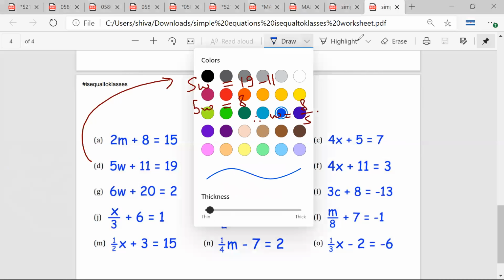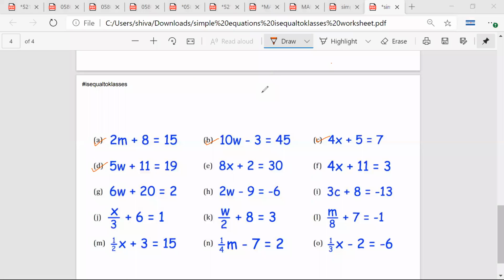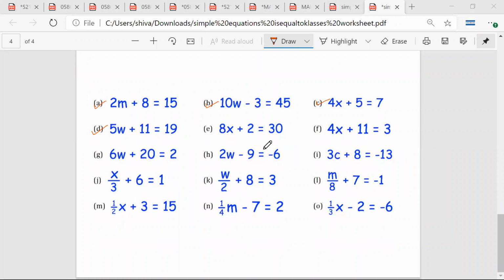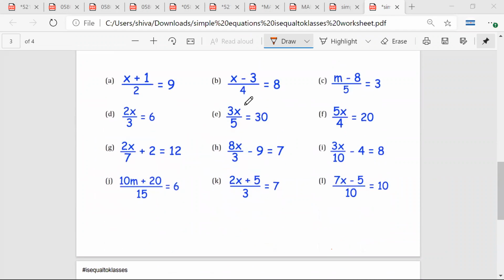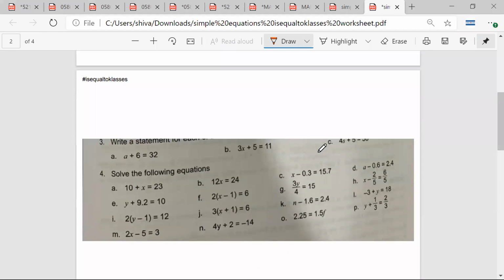So, see, equations is a very important topic. So I'll be sending you this sheet. It has a lot of other questions also. So please try to finish that. I'll send you this sheet today. So this will be your homework. This also is your homework.